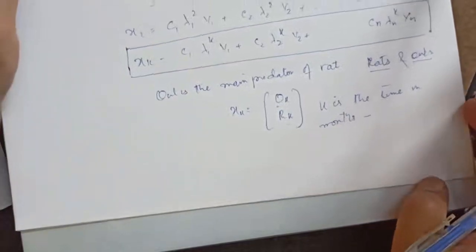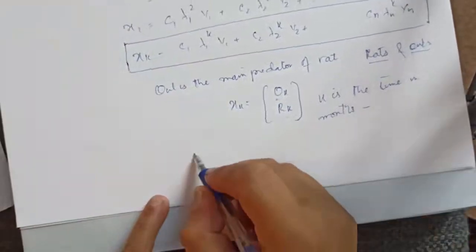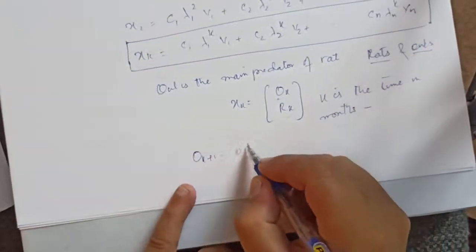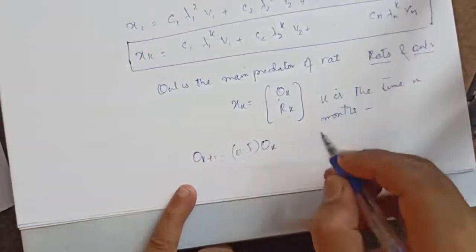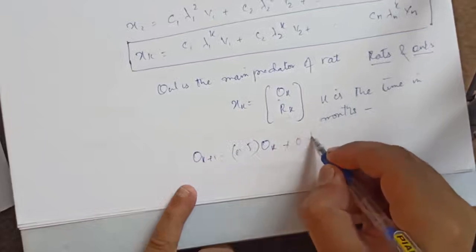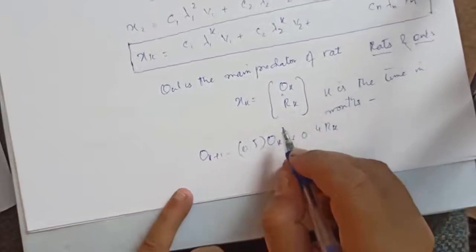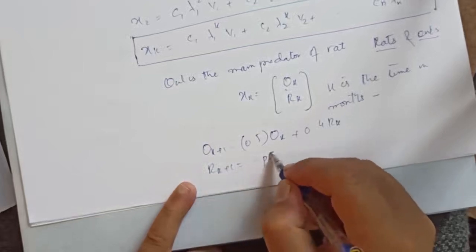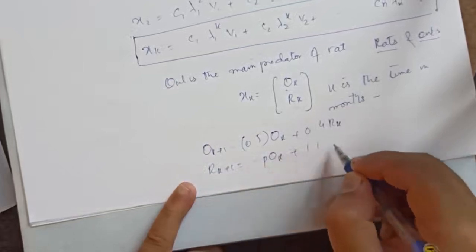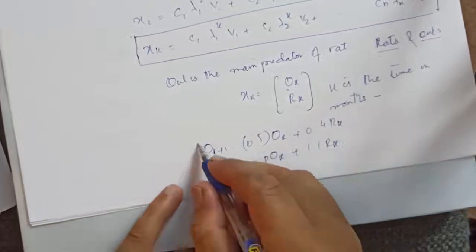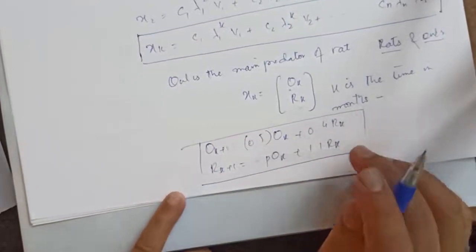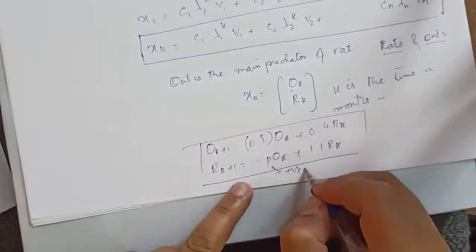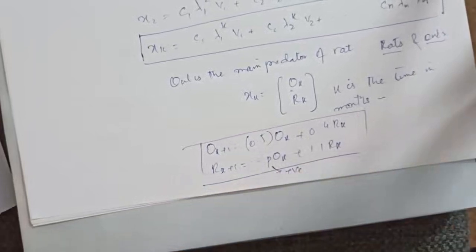Now the dynamical system that characterizes this population, as in the other examples of rural and urban population, is that the owl population is O(k+1) equals 0.5 O_k plus 0.4 r_k, and r(k+1) equals minus p times O_k plus 1.1 times r_k. Here p is a positive parameter, and why it's positive we'll see in a moment.